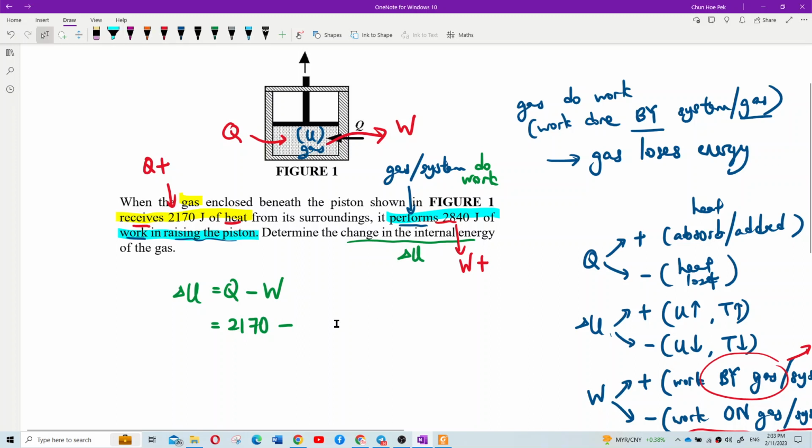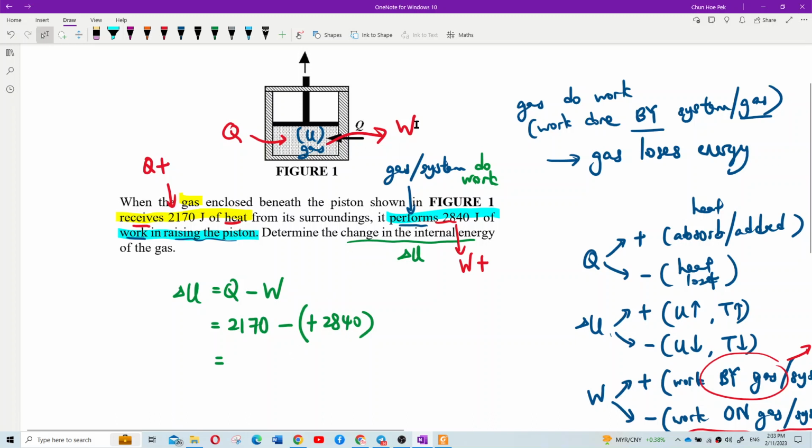So ini tolak bukan negatif. Ini tolak memang sudah dalam equation. Work done itu sendiri positif 2840. Tapi kalau you tengok dia tolak, sebab ini tenaga, ini dapat positif, ini tolak, ini means dia akan hilang tenaga lebih banyak.